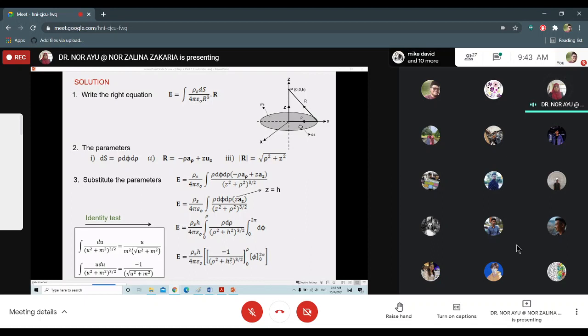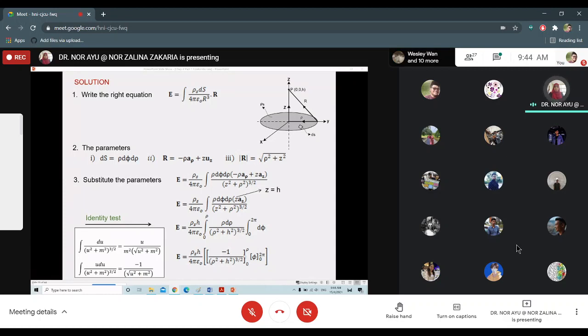Alright. Okay, so rewrite again. So meaning that kamu dah integrate dia. So it will be rho S H over 4 pi epsilon. And then this is for this one. Okay, it will be -1 over rho squared plus H squared. Kenapa 3/2?